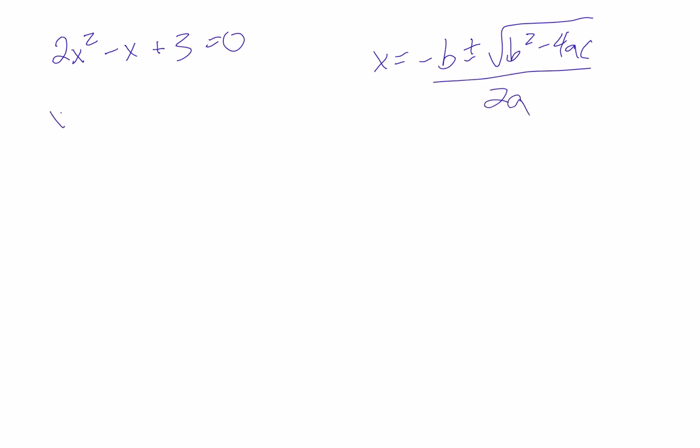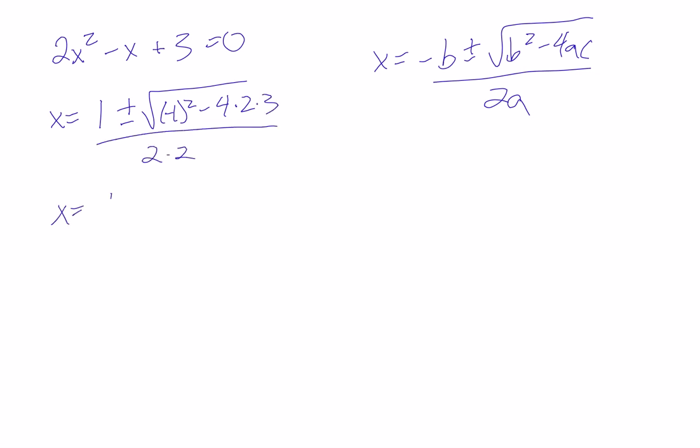Okay, so when we plug it into our formula, we'll have minus b. So b in this case is negative 1, so minus of negative 1 will be plus 1. And under the square root we get negative 1 squared, minus 4 times 2 times 3, divided by 2 times 2. So when you plug all that into the formula this time, we get 1 plus or minus the square root of 1 minus 24, over 4.